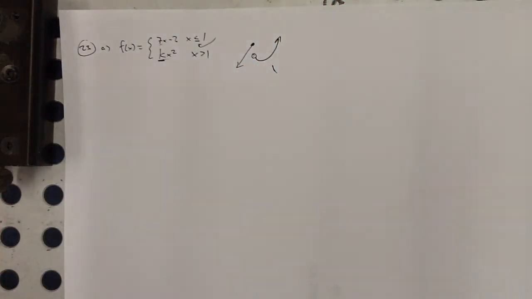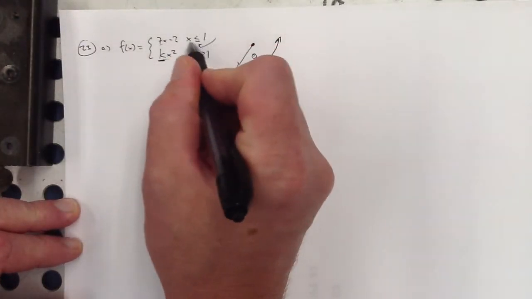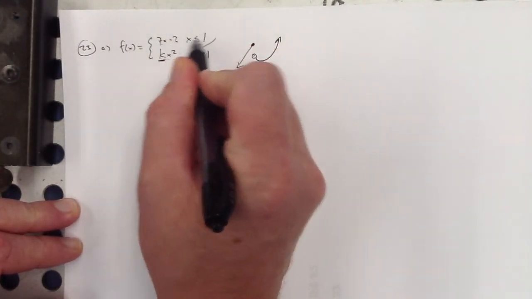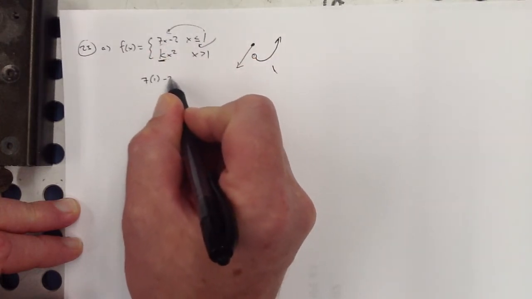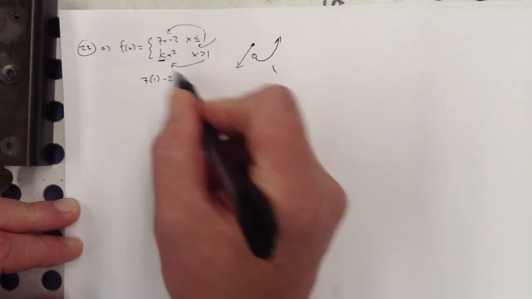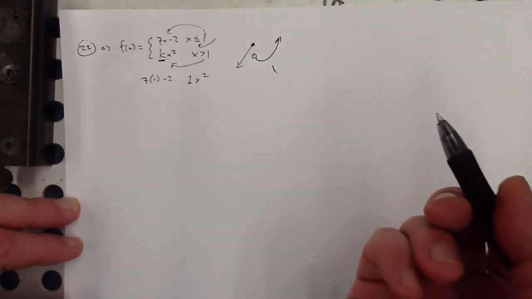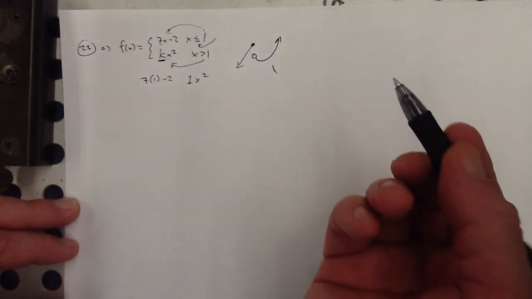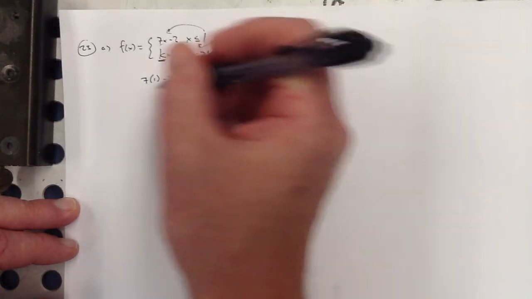So how do you do that? Well, you just set them equal to each other. What you need at x equals 1, when I plug 1 into this, and I plug 1 into this, if those two things don't match up, in other words, if they're not equal to each other, sorry, I did that wrong. Let me write it.